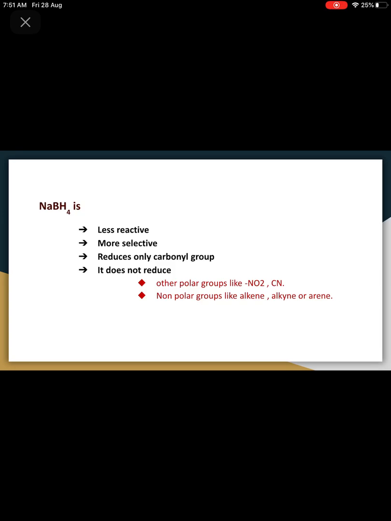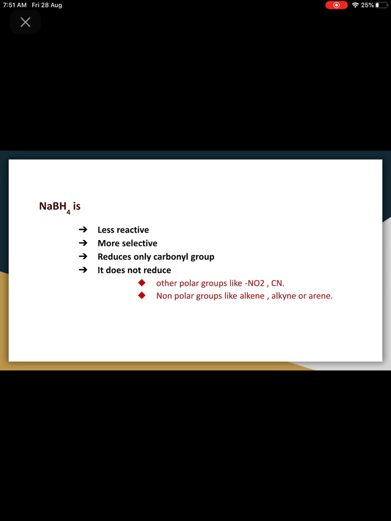Now see the different properties of NaBH4. So NaBH4 is what? Less reactive and more selective. Always remember, those reagents which are less reactive are what? More selective.